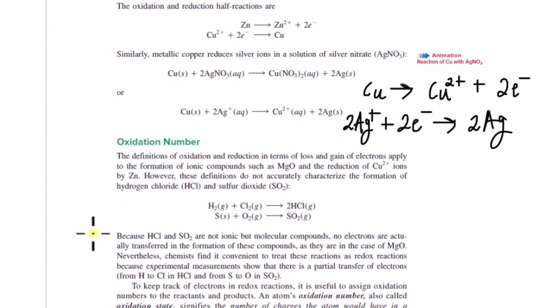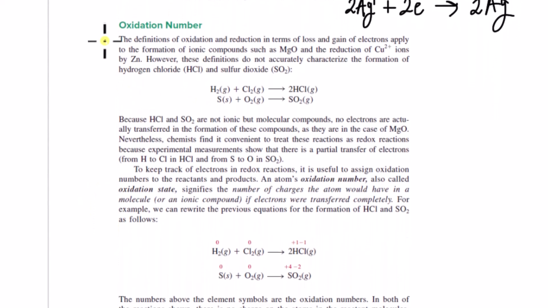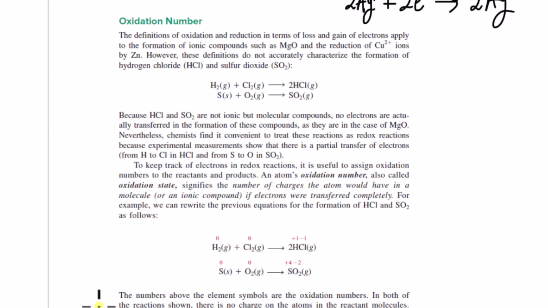Now, in the next video, we're going to talk about something that's also very important in regards to all oxidation-reduction reactions, occurring in aqueous solution or not, and that's oxidation numbers. And this is really important because the redox reactions that we just analyzed in this video, if you notice, they all involved ionic compounds.